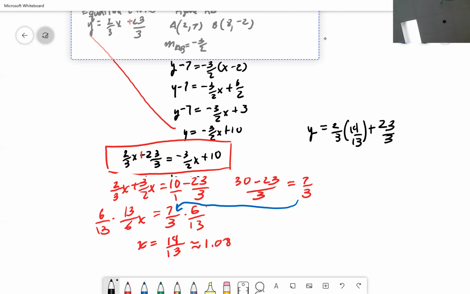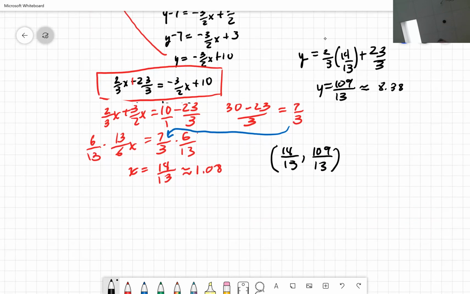And we just use the calculator to do this quickly. 2 times 14 divided by 39 plus parentheses 23 divided by 3, and it comes out to y equals 109/13, which is approximately 8 point something, which makes sense to me from the picture we drew. So your point of intersection is 14/13, 109/13, which is something ridiculous. It's okay, you round it.